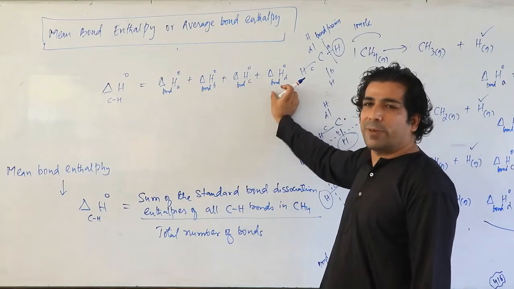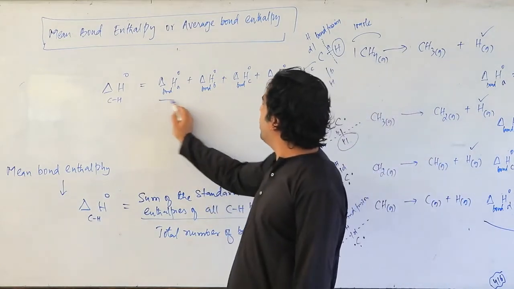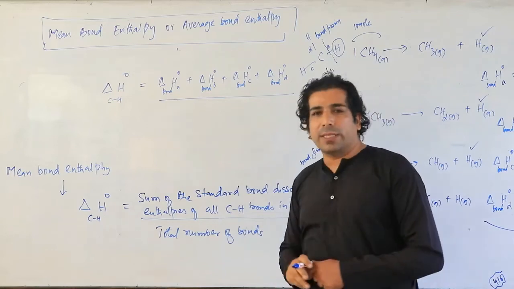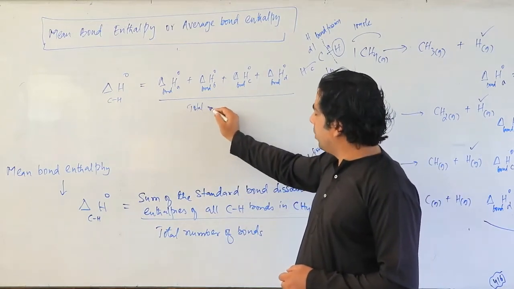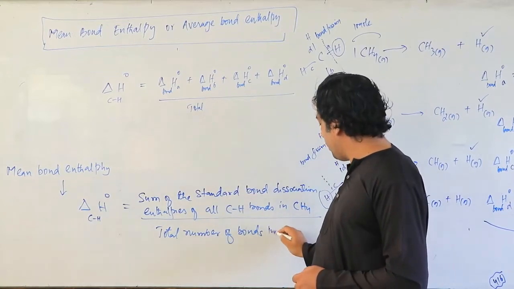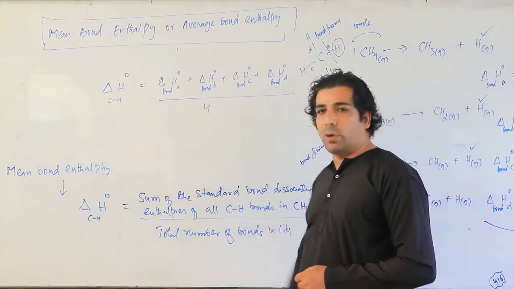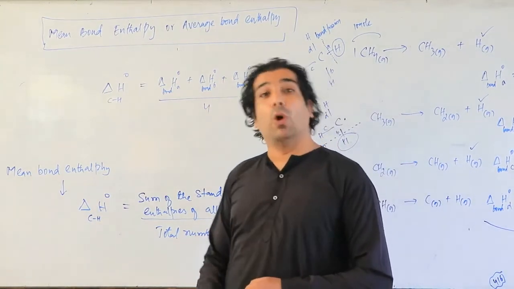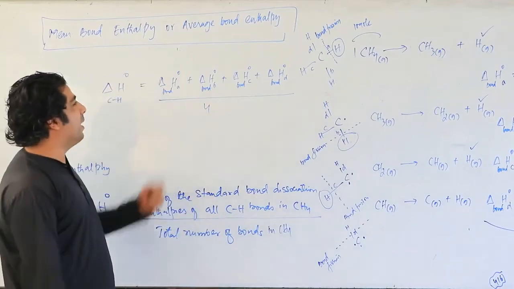This bond stands for bond enthalpy. Divided by how many bonds are present in the methane molecule. Directly I will write down there are 4 bonds, or 4 moles of bonds, in 1 mole of methane. So this is my expression.